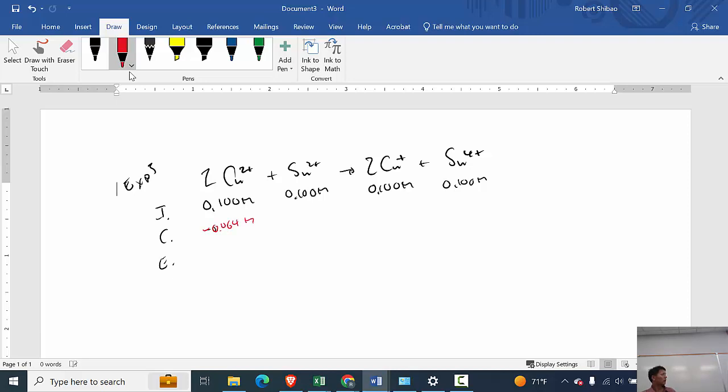And I predict we're going to end up with 0.036 molar here. Same thing. And then this one will be minus 0.032. I need half as much tin, so minus 0.032. And I predict this will be 0.068.